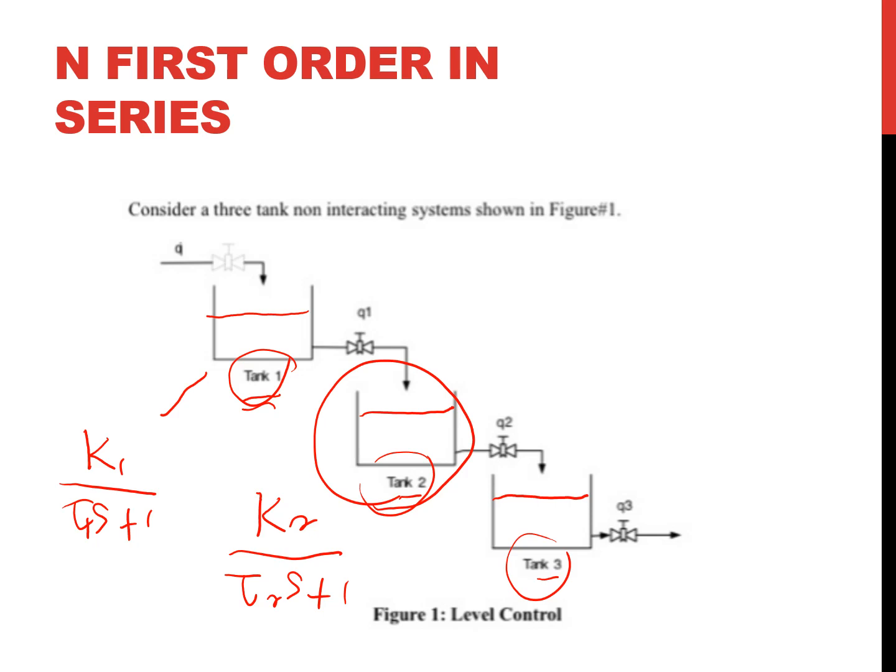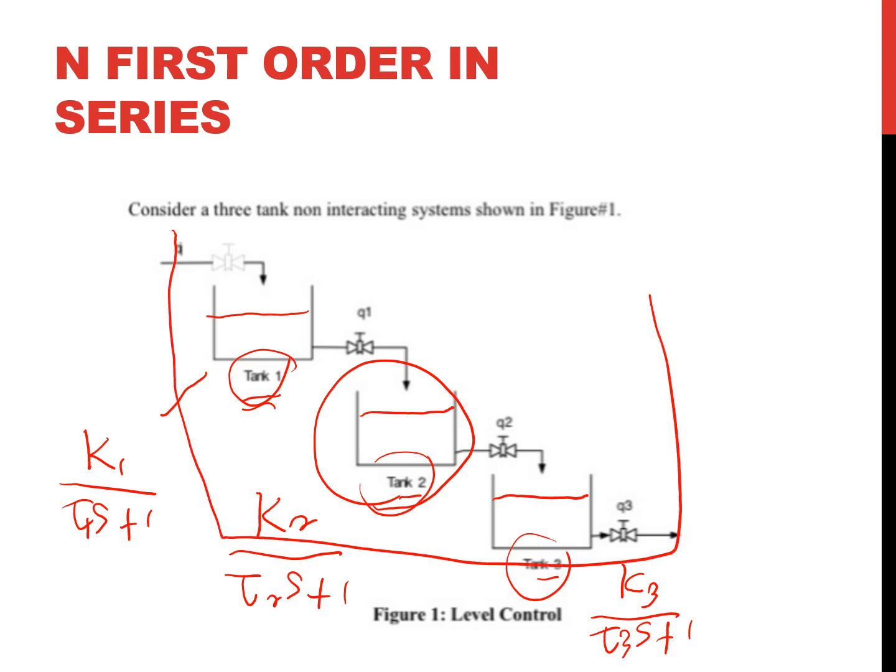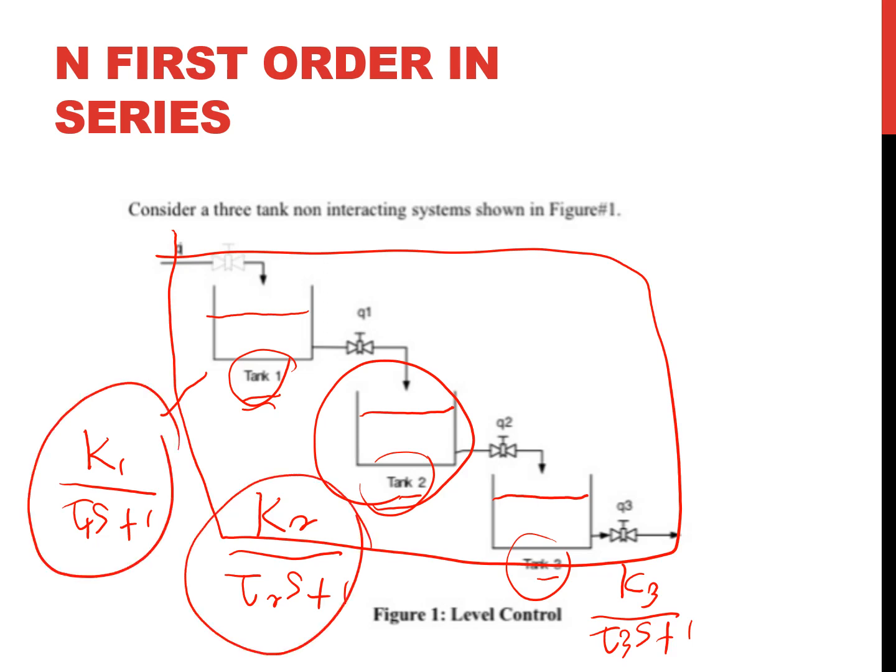And lastly, for tank number 3, you will get another first order. So if you want to take it overall, then you will multiply the first order for tank number 1, the first order for tank number 2, and the first order for tank number 3.